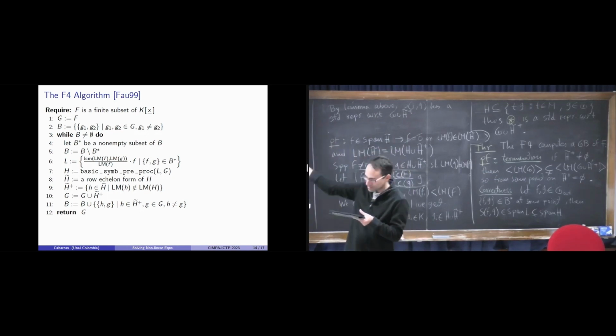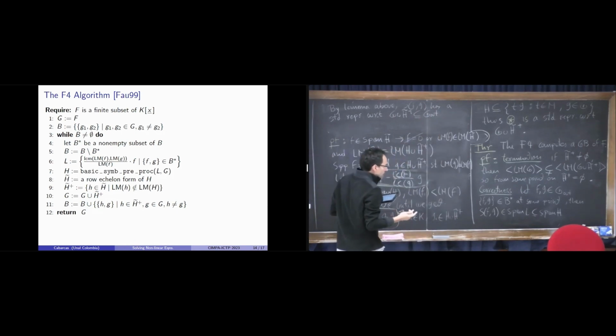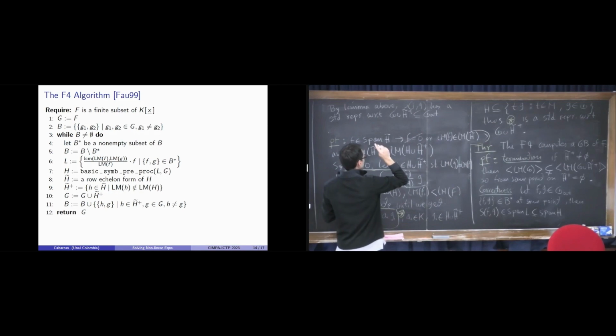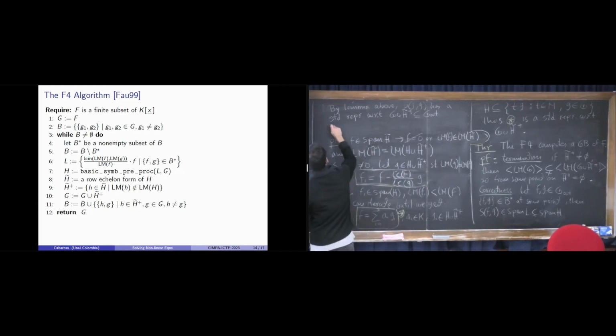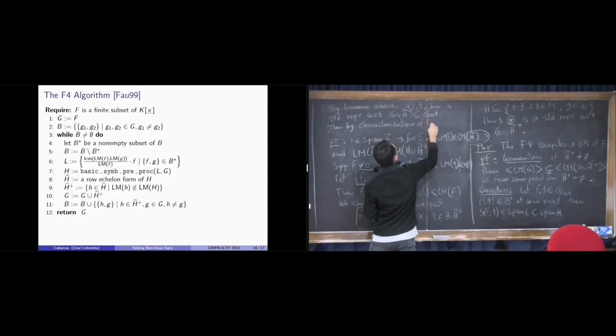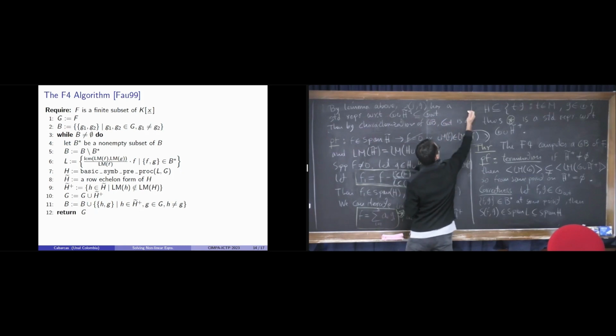Now I'm talking of the G that was at that point called G, which is contained in G out. And therefore, by the previous theorem, by the characterization of the Groebner basis, G out is a Groebner basis.